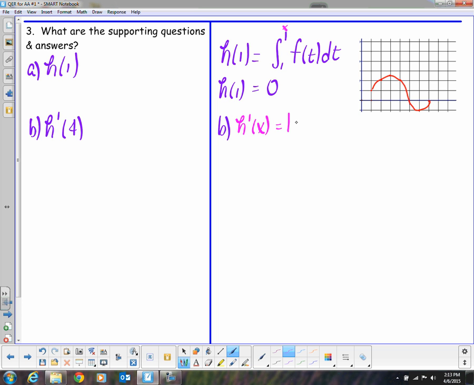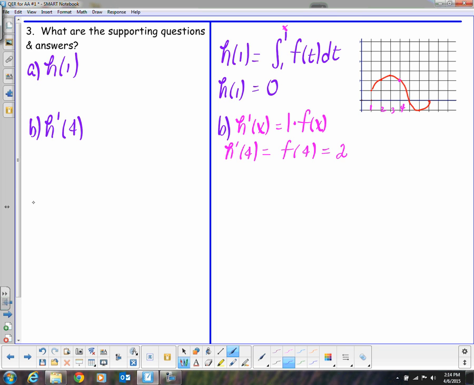It's going to be the derivative of that upper limit times f, and we substitute in. So my h prime of 4 becomes f of 4. So I'm going to come over to my graph. This is 1, 2, 3, 4, and the y value is 2. So that is equal to 2. And again, they did not ask us to justify.